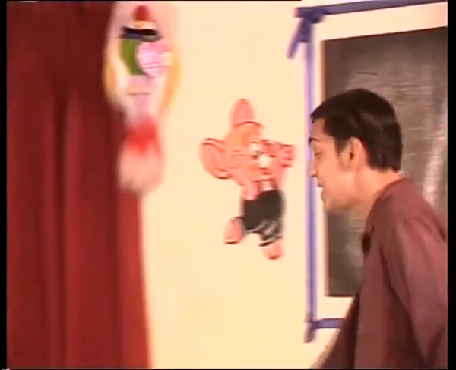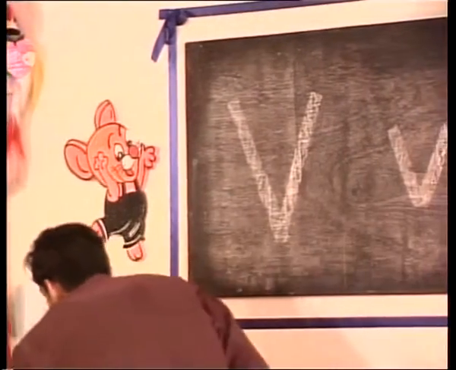Okay, kids, now I'm going to show you how to write W. So you kids, watch me write. Here we go. One big zig line and one small zig line and another small zig line and another big zig line.